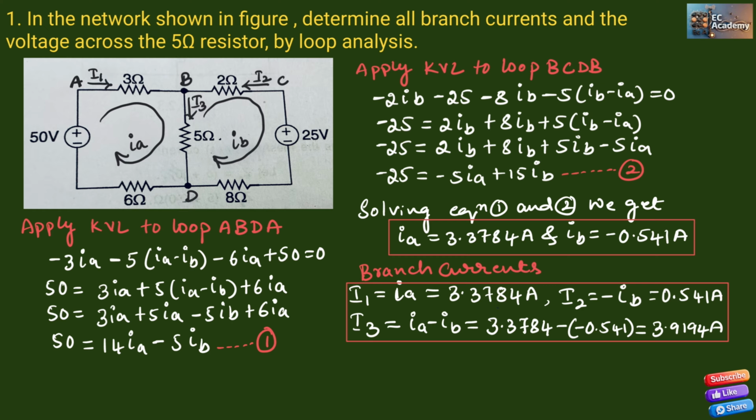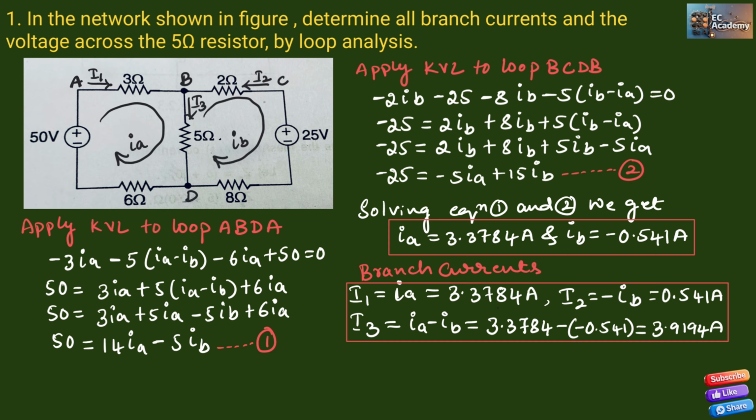Now we need to find the voltage across the 5 ohm resistor. The voltage across the 5 ohm resistor is 5 into (IA minus IB). So IA minus IB is 3.9194. This value can be multiplied with 5 ohm to find the voltage drop.